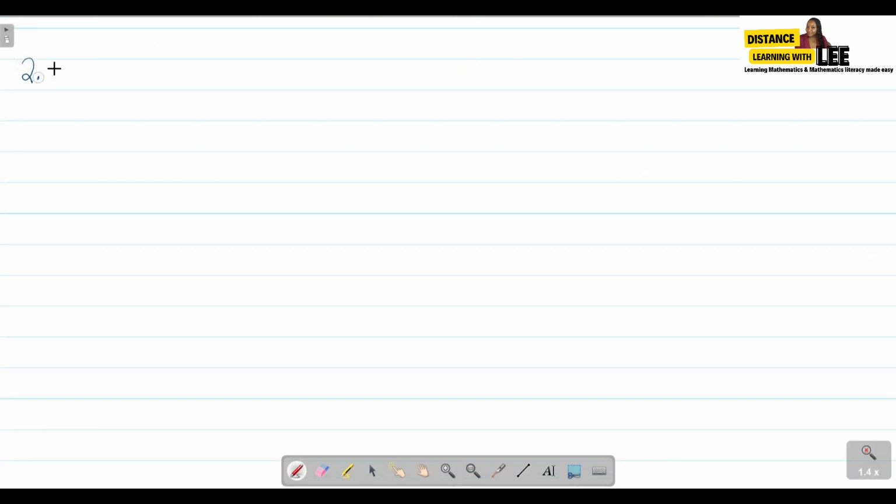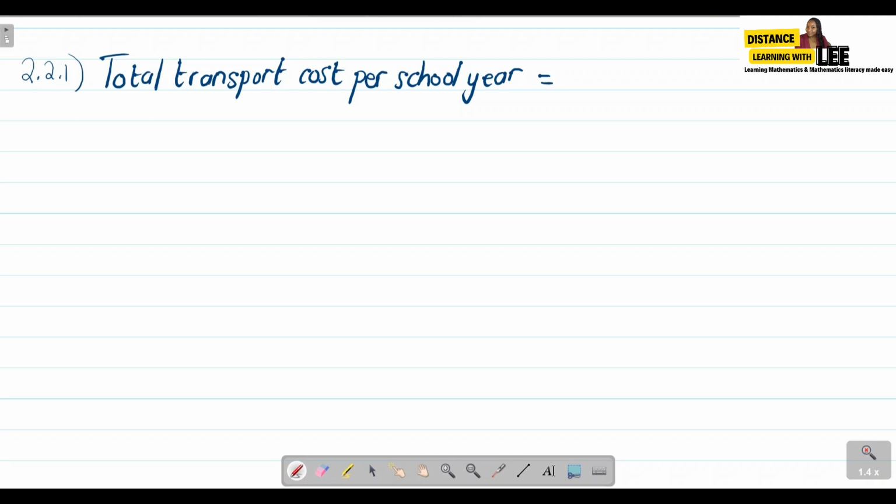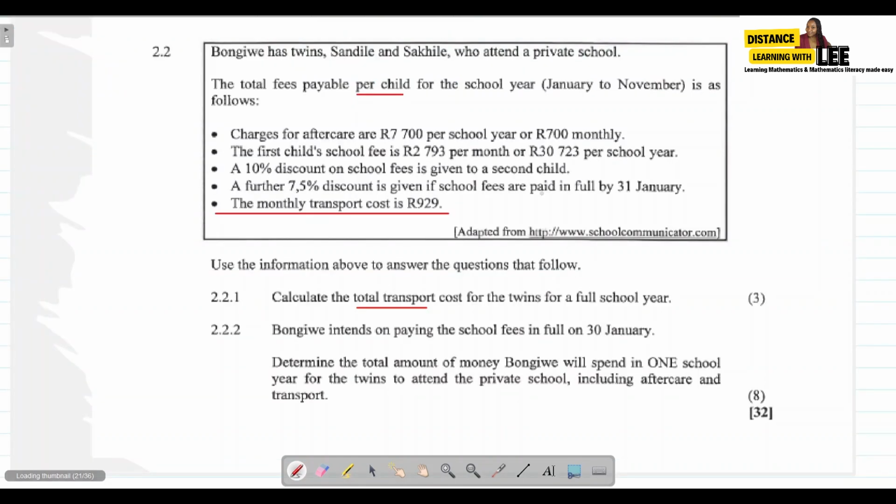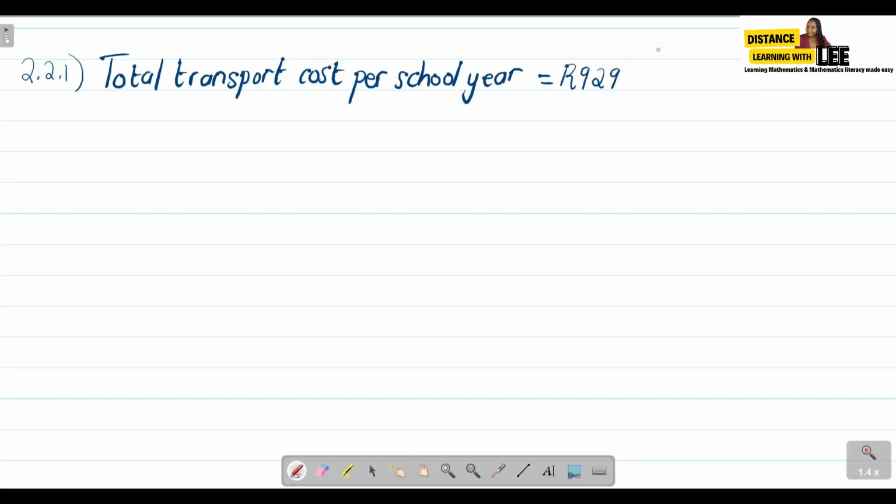Question 2.2.1. The total transport cost per school year is equal to that 929 rand, multiplied by 2, because she's got 2 children that will be using the transport, and multiplied by how many months there are per school year.